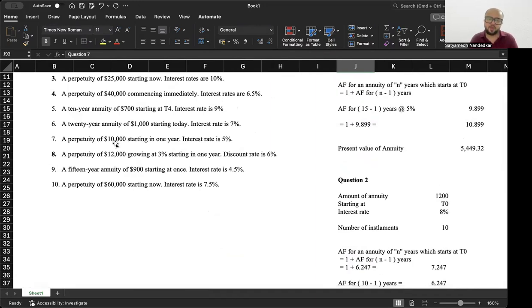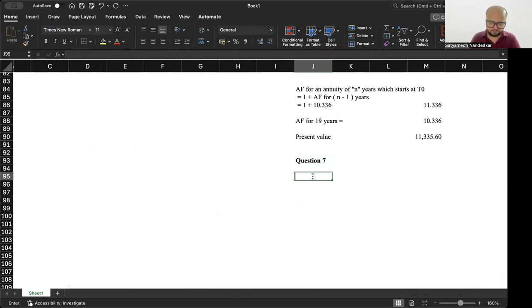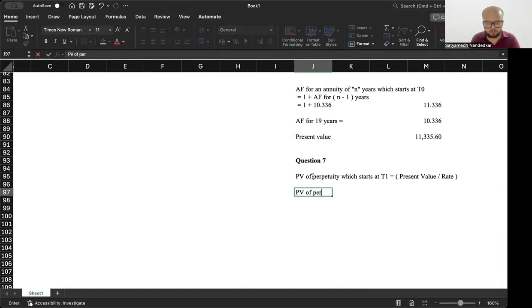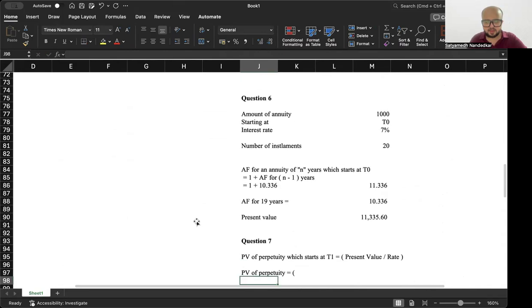Let's look at the next one. A perpetuity of 10,000 starting in 1 year, which means it starts at T1. If a perpetuity starts at T1, then the present value is cash flow upon rate. PV of perpetuity, 10,000 divided by 15%.